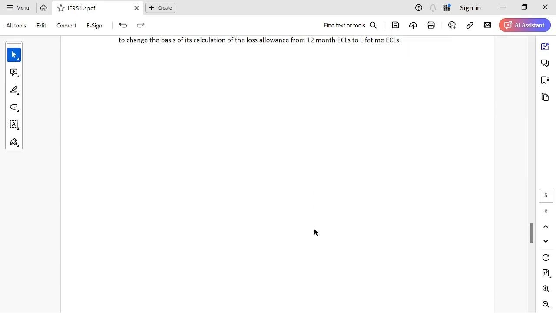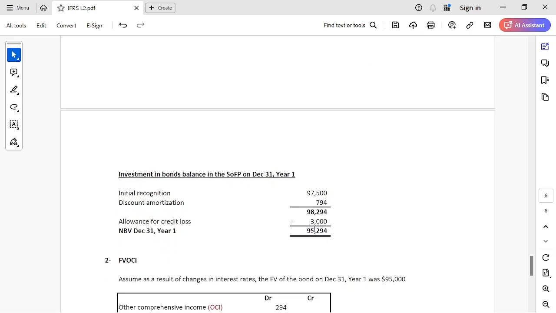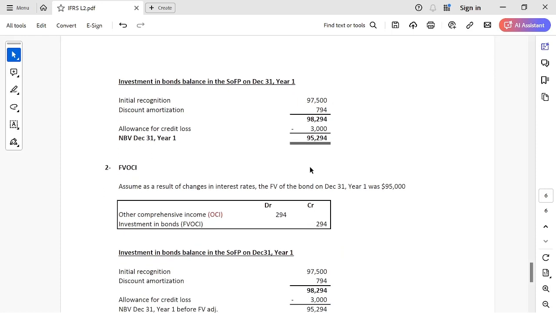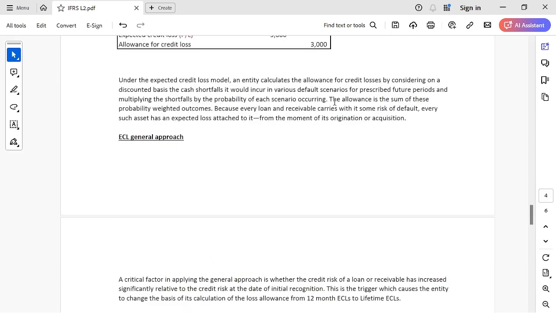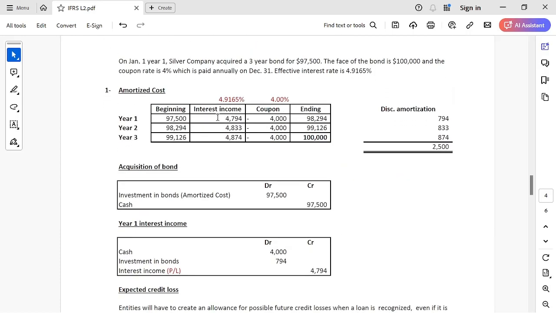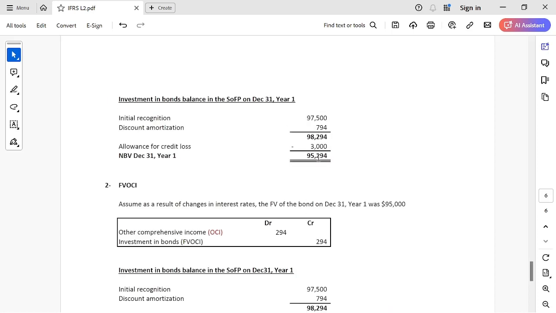So let's continue with our example and see how this is going to appear in the statement of financial position on year one. So that's the bond. We acquired it at 97,500, which is the cost. How we got this, here it is in the example. That's the amount paid. Here is the acquisition entry. So it's 97,500, and then it's increased by the discount amortization of 794. This is going to be reflected in our calculation as well.